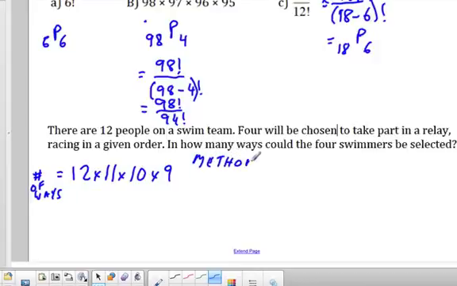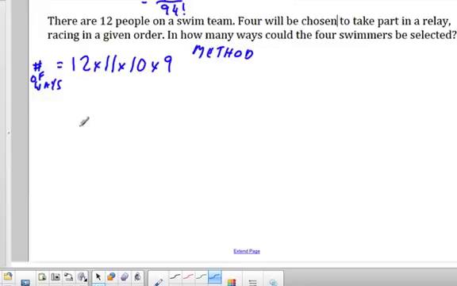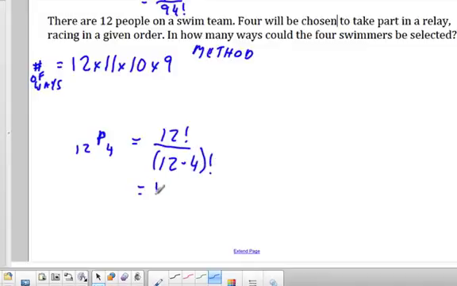Another way you can do this is by using permutations. If we have 12 people, we take the permutation of 12 choose 4, because we're picking 4 people to swim. This is equal to 12 factorial over 12 minus 4 factorial, which is equal to 12 factorial over 8 factorial.